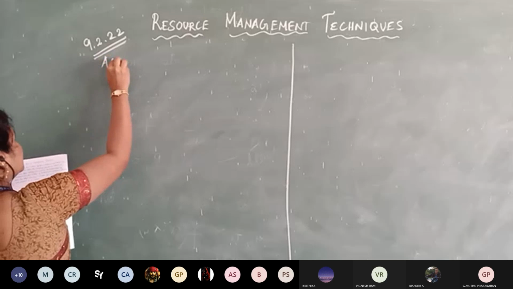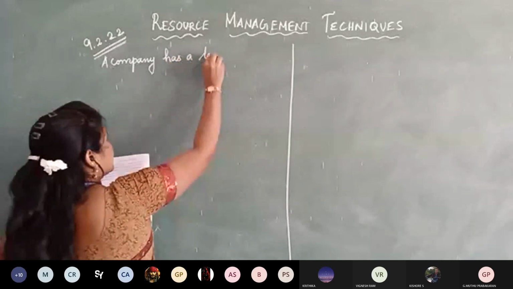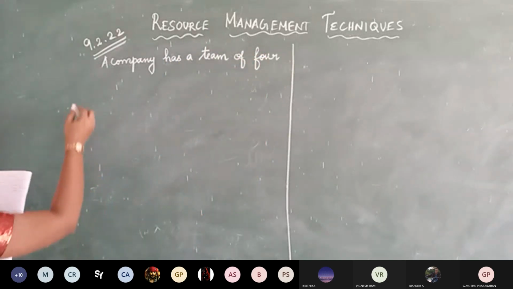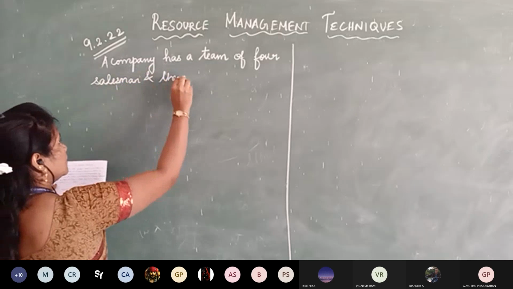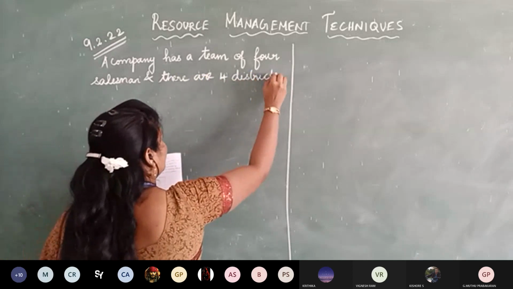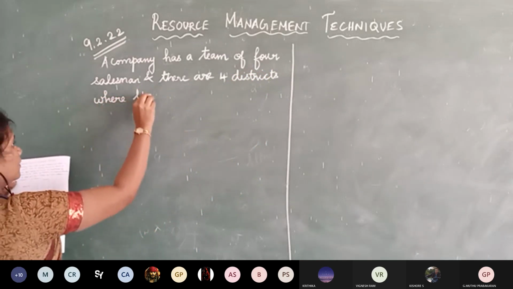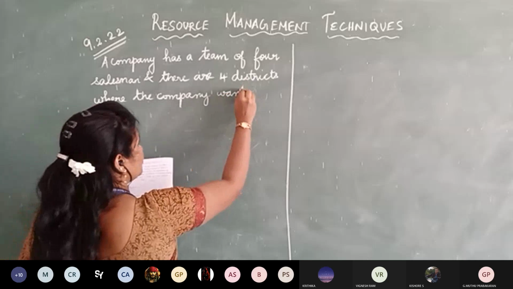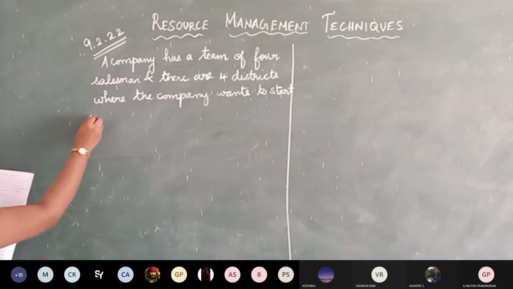So a company has a team. Company has a team of 4 salesmen, and there are 4 districts where the company wants to start its business.